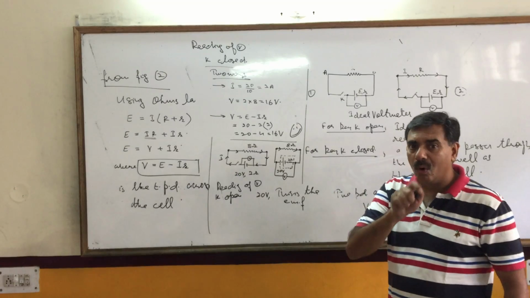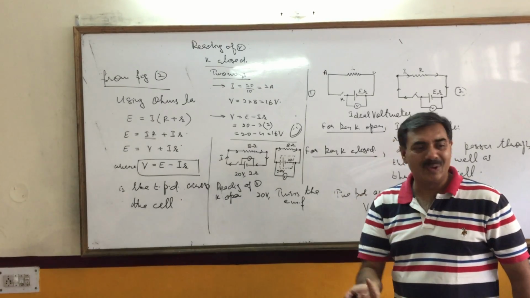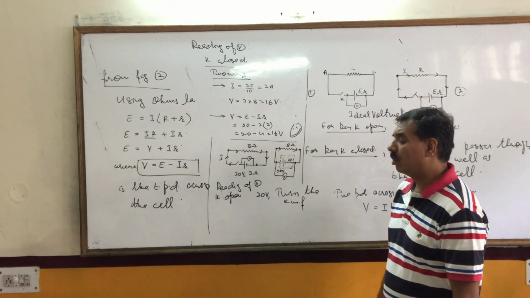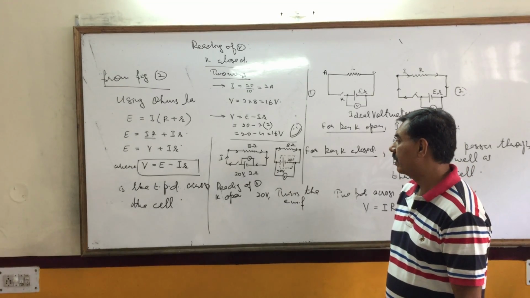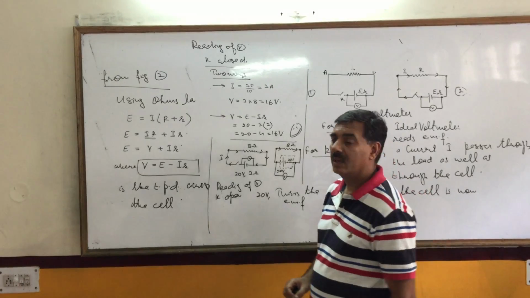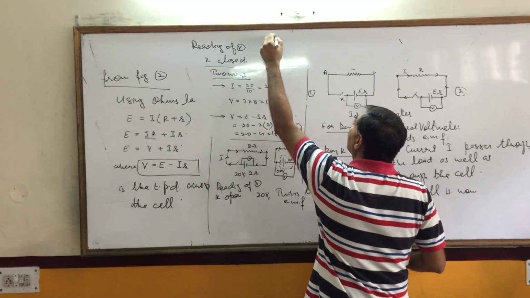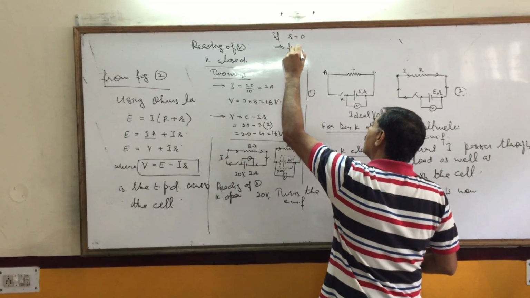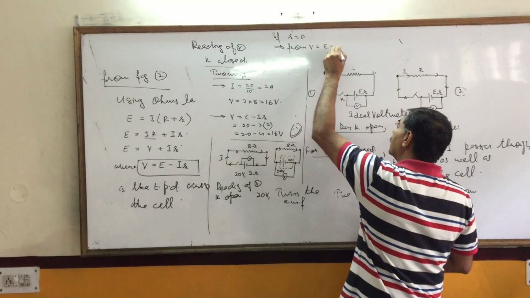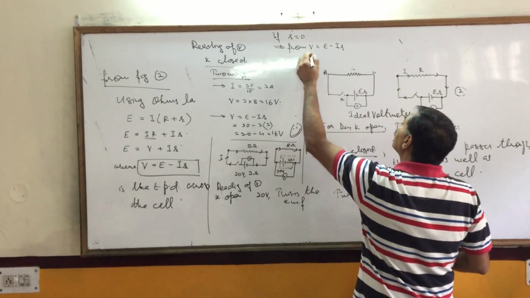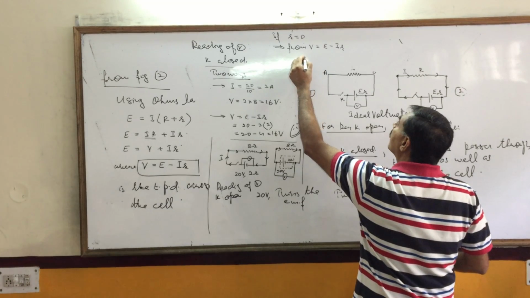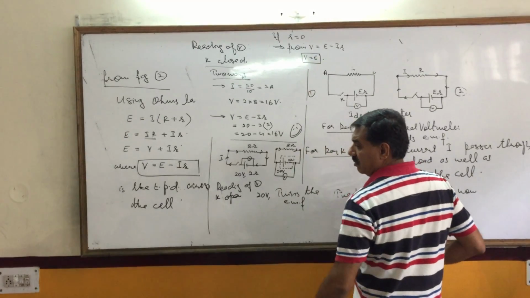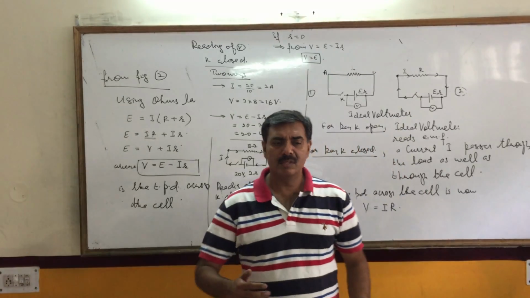If the internal resistance is 0, then EMF is equal to terminal potential. ठीक है, नोट करो. If small r is 0, तो V is equal to E minus Ir, so V is equal to E. सवाल: can the terminal potential difference be equal to the EMF?